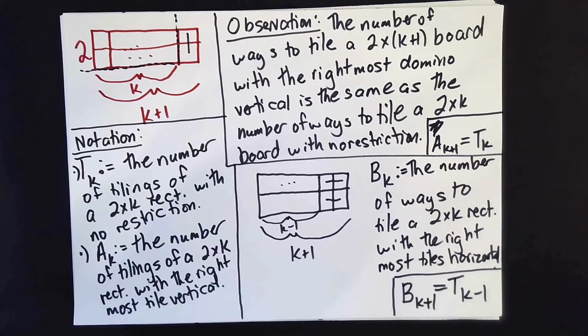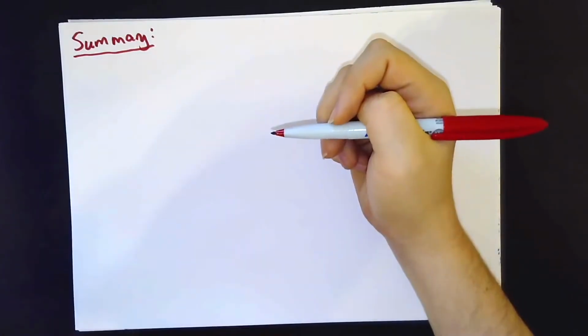But once you've defined this A sub k, you're basically forced into defining this B sub k. Because if I'm going to think about places where this last tile is vertical, I might as well also think about places where it's horizontal. So let me summarize what we have so far.